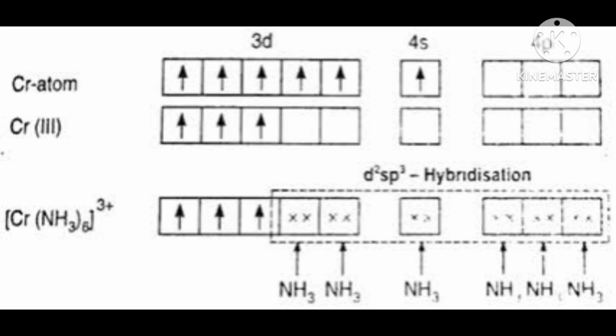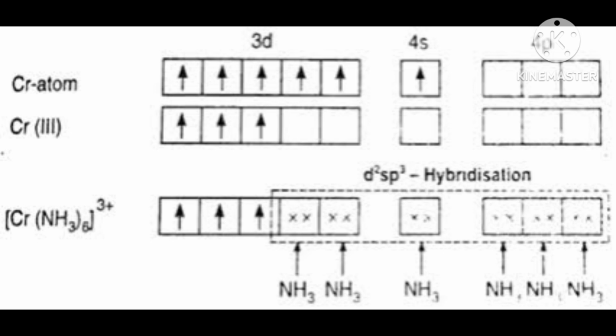Then each fluoride ion will give one lone pair. Correct? And they already have 1 negative also. Due to that, 3 plus is neutralized, and now it got 3 negative.